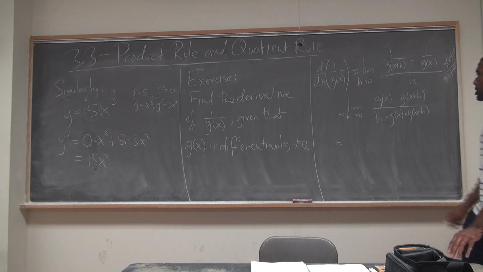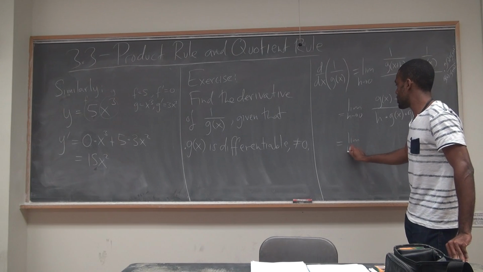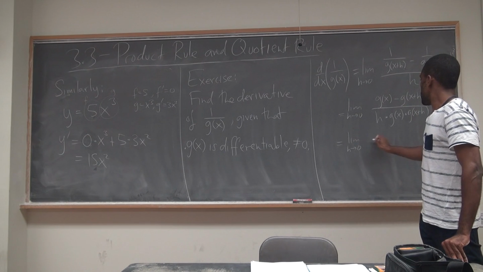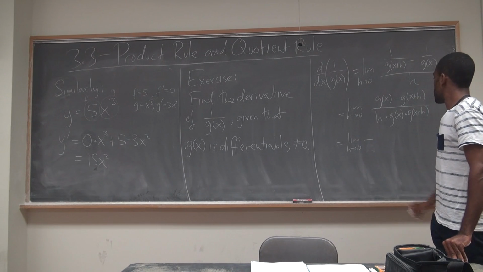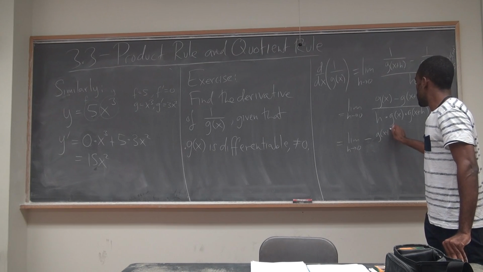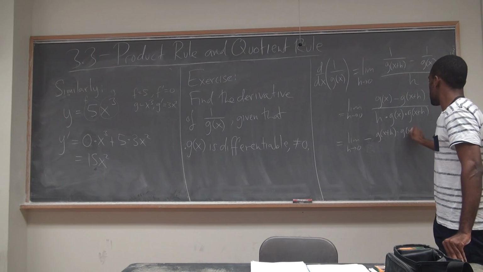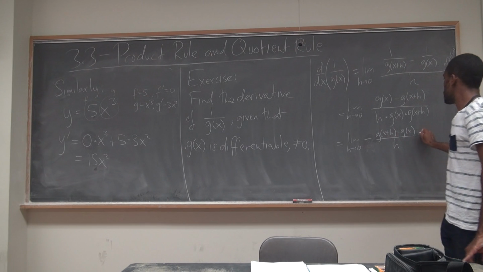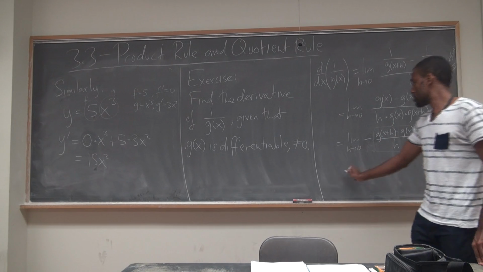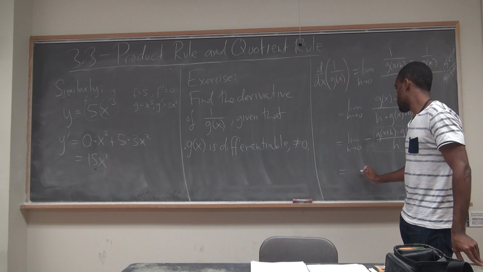And you might notice I can write this as minus g of x plus h minus g of x over h, times 1 over g of x times g of x plus h. Well, what's this guy? That's the derivative of g.